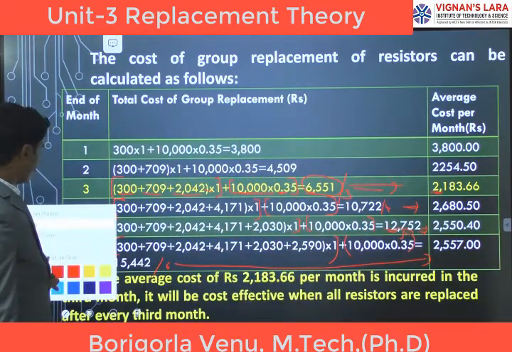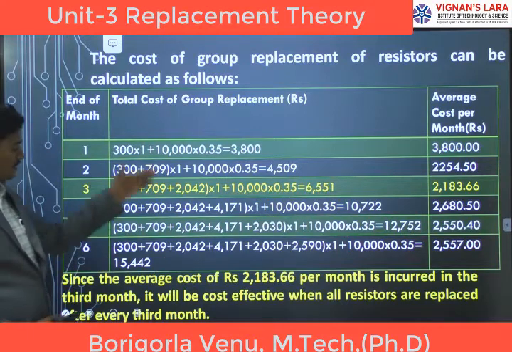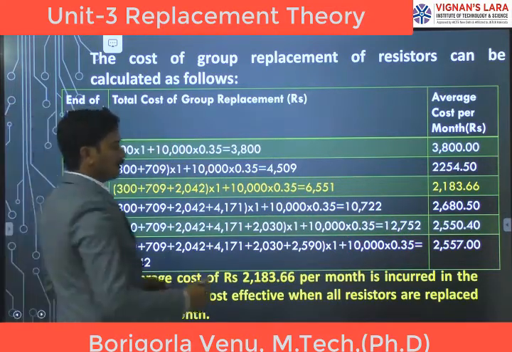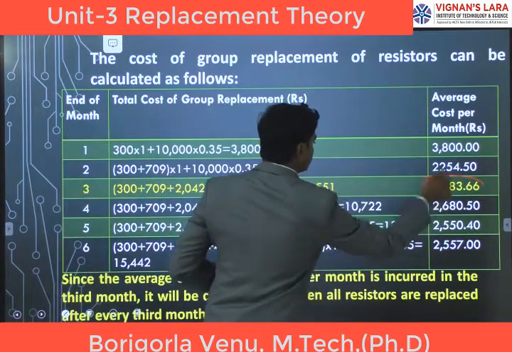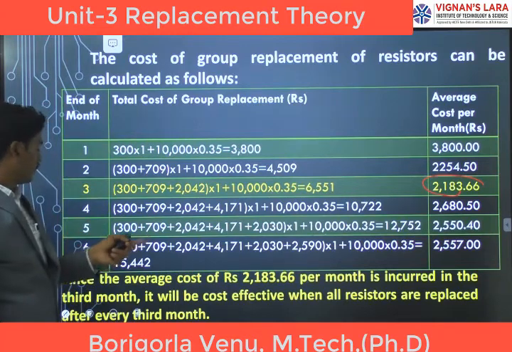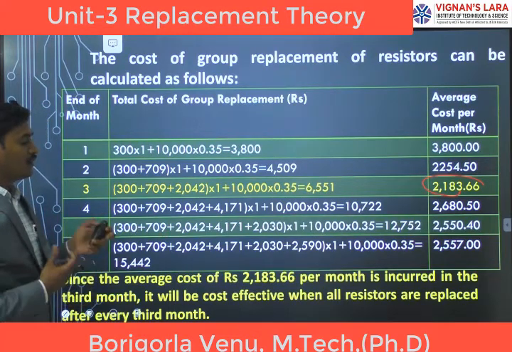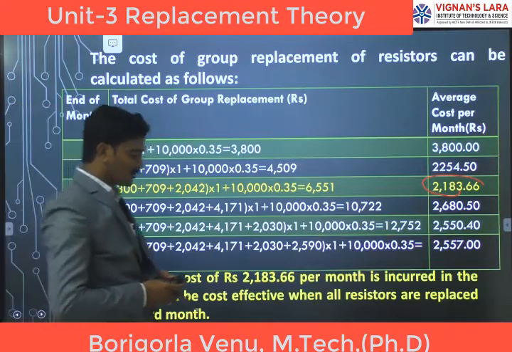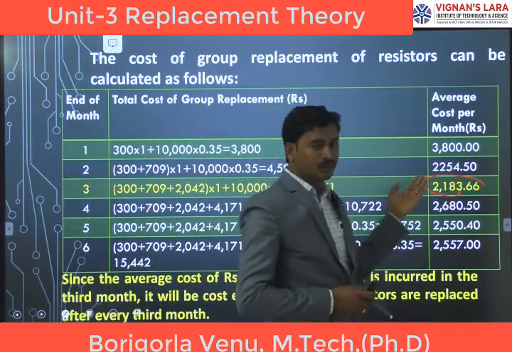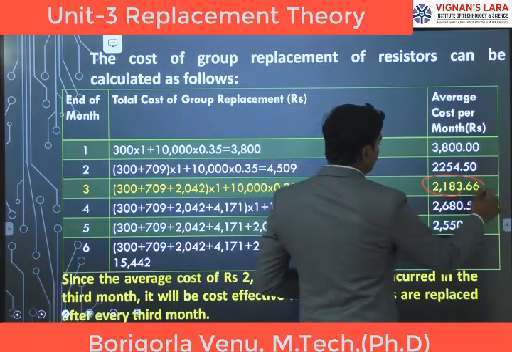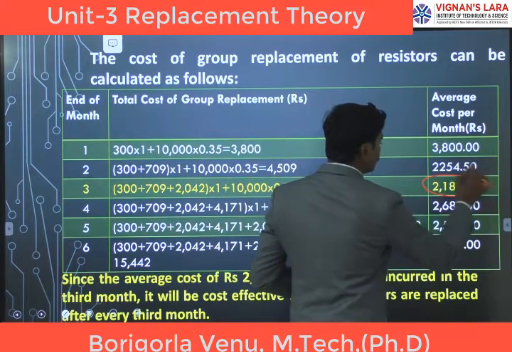Since the average cost at the third month has the least value, 2,183.66, it will be effective to replace all resistors every 3 months. Every 3 months we replace the resistors at a cost of 2,183.66 rupees for group replacement.